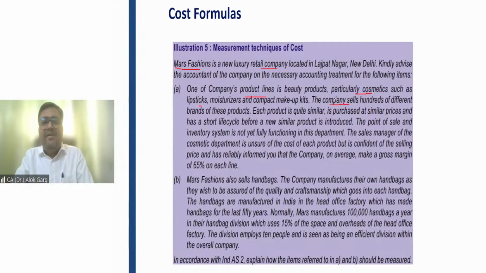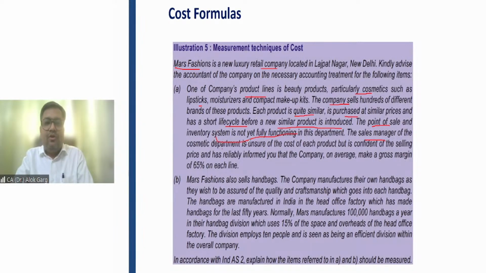The company sells hundreds of different brands of these products. Each product is quite similar. It's purchased at similar prices and has a short life cycle before a new similar product is introduced. The point of sale and inventory system is not yet fully functioning in this department.